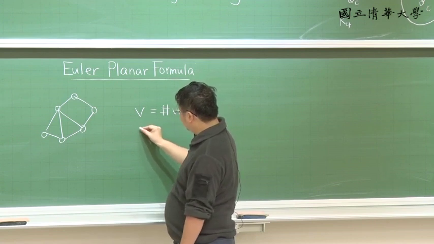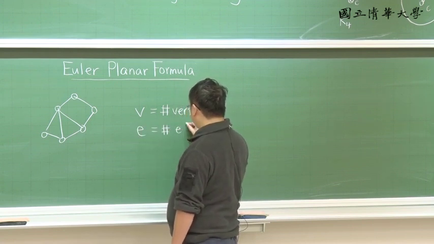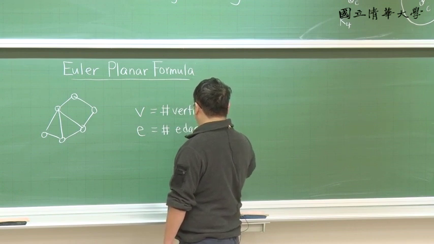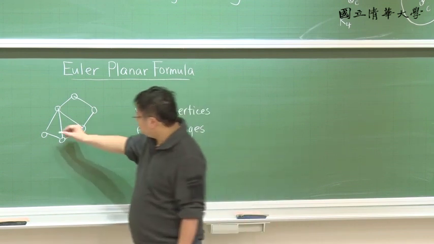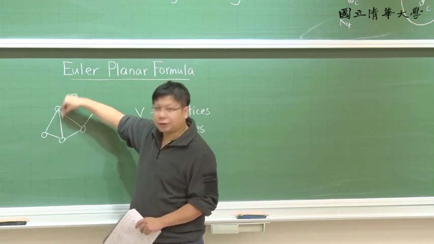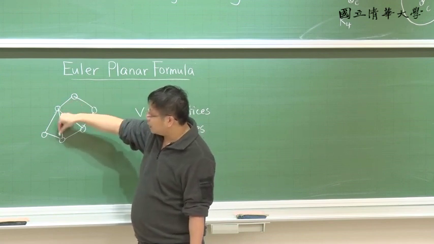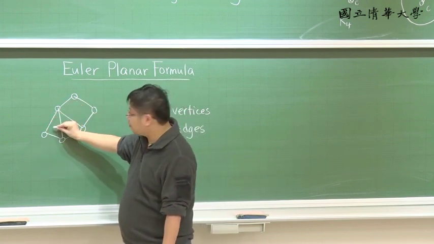Let us use E to denote the number of edges. And now we can talk about regions. So these three vertices, they have edges joining to each other. They form a cycle, right? And then this cycle does not contain any edge inside. So there is a region.